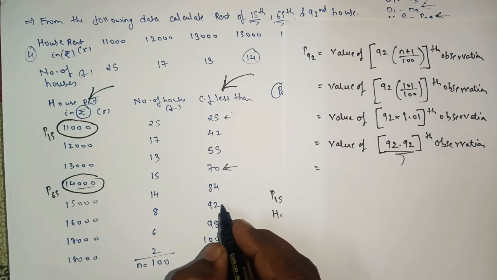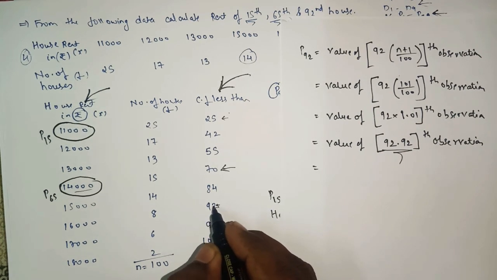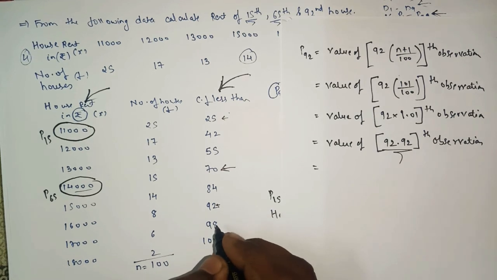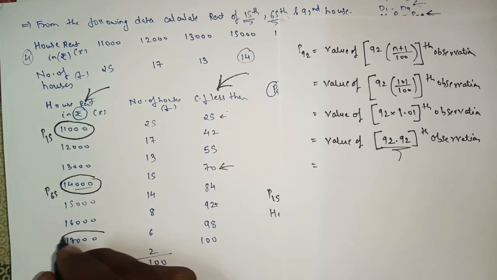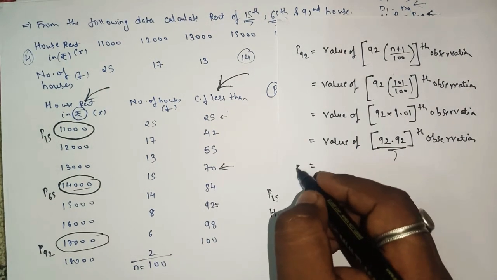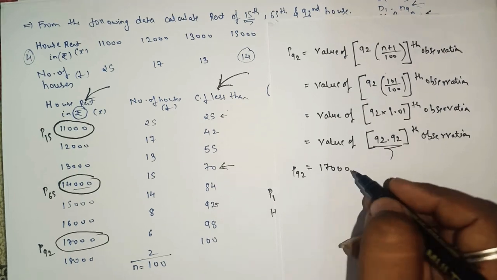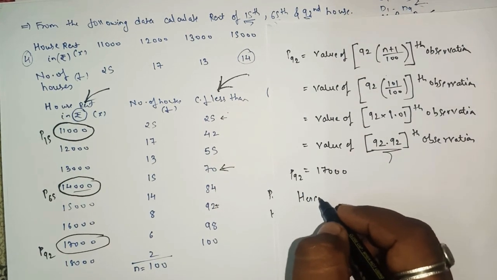Here 92 is over. So 92.1, 92.2, all the values after 92 point will lie in this row. So this will be the answer for P92. So your P92 is 17,000. So here we will write hence.